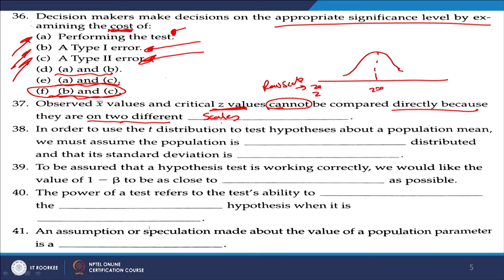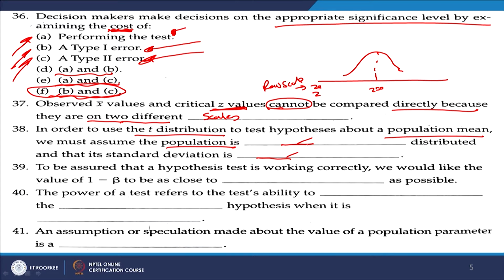Right. Let us look at the next question. In order to use the t distribution to test a hypothesis about a population mean, we must assume the population is what distributed, this dash distributed, and its standard deviation is what? How would you fill in these two blanks?